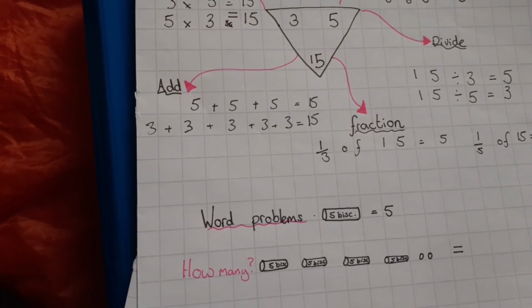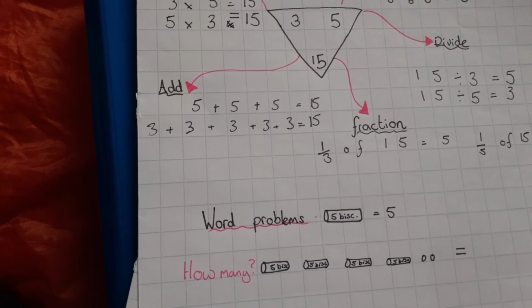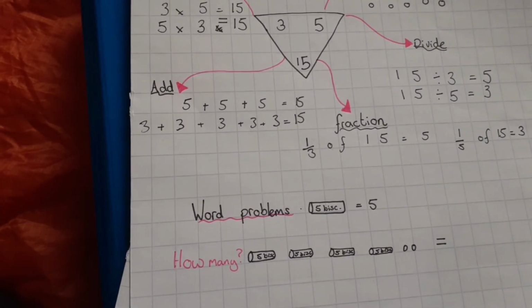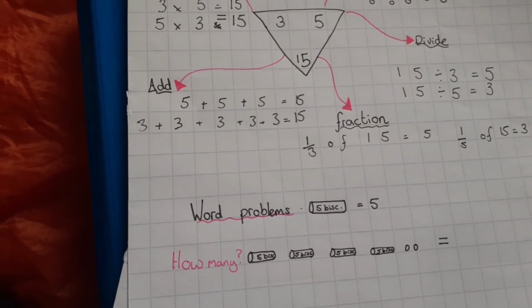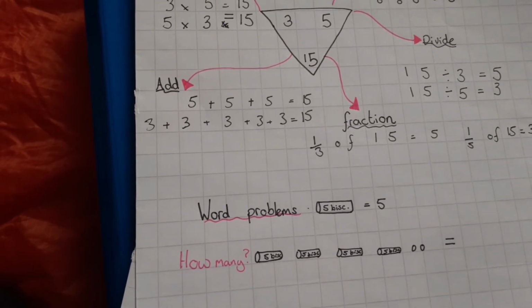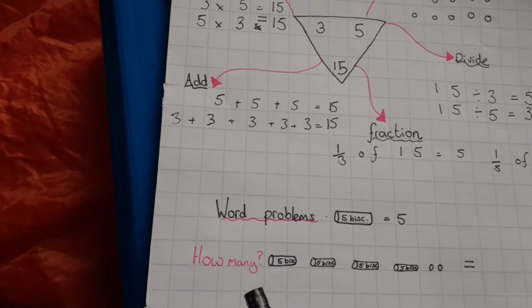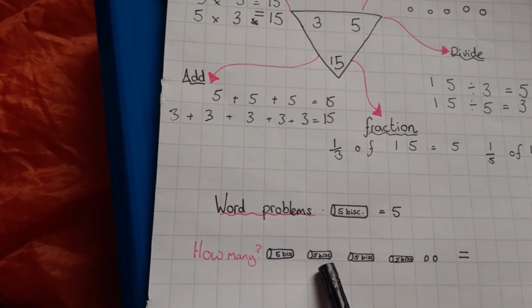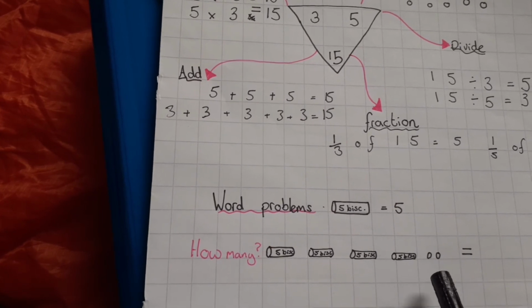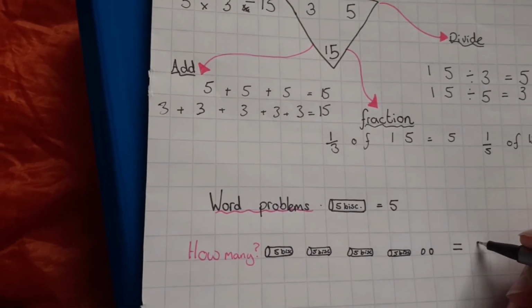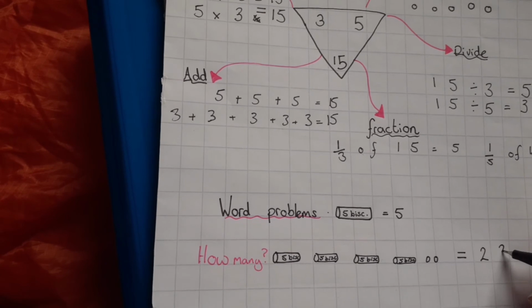How many biscuits have I got all together? Count it yourself first and see if you can work it out. Maybe pause the video. Shall we try it? 5, 10, 15, 20, and 2 loose ones makes 22 altogether.